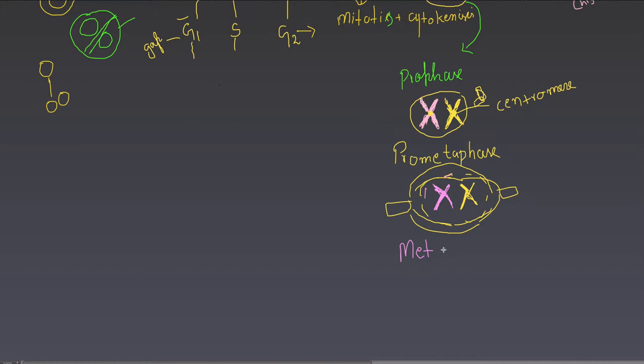Now in metaphase, what happens is that, prophase, prometaphase, then metaphase. Yes, you enter into the metaphase. Now what happens is that in metaphase, the microtubules attach themselves to the chromosomes.